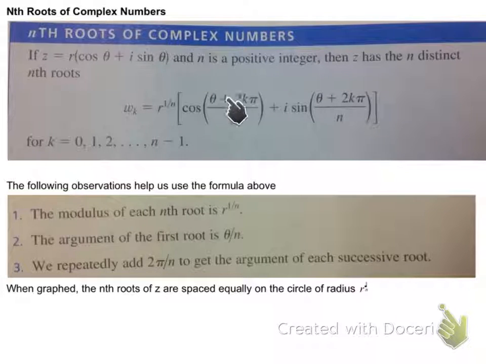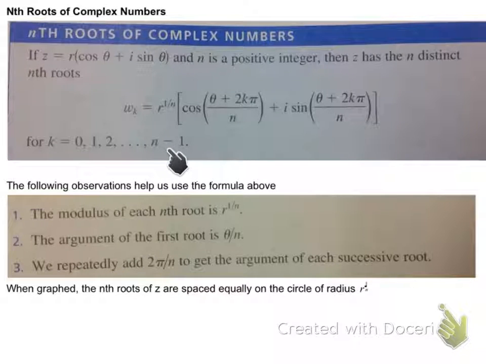So it's going around the circle, that k idea. And k again starts at 0 and it'll always work its way up to 1 less than the root you're looking for. So if I'm looking for the 6th root, I go up to k equals 5, or 6 minus 1. If I'm looking for the 10th root, which is in your homework, you will have to go all the way up to 9. Oh my gosh, Mr. Contract, that is so long.